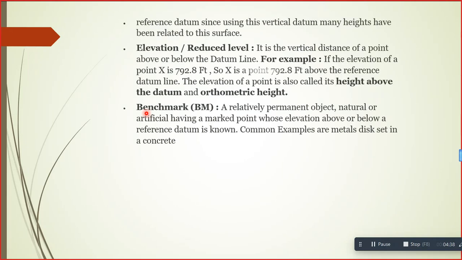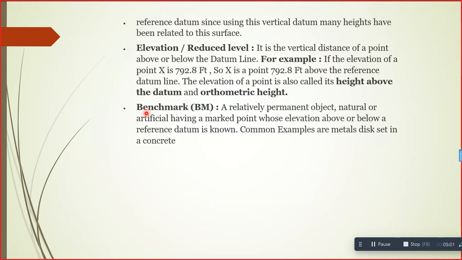Okay, we are continuing. Let us look at the reduced level or elevation. It is the vertical distance of a point above or below the datum line. For example, if the elevation of a point X is 792.8 feet, then X is a point 792.8 feet above the reference datum line.